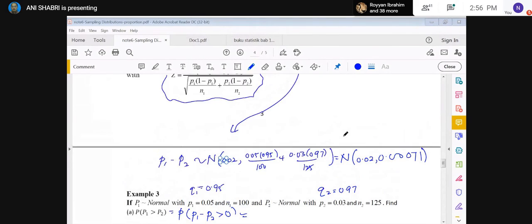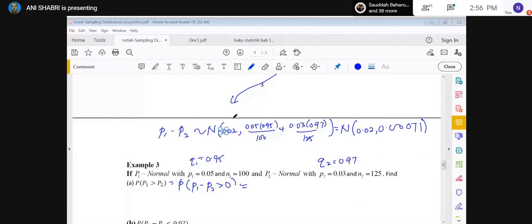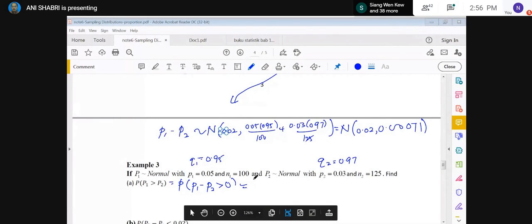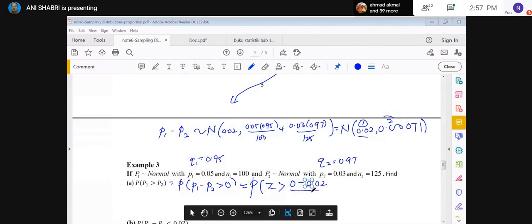Okay. Lepas tu we can using Z this one the formula for Z, the new Z. Okay, it is equal P Z greater than 0 minus, tengok yang ni okay, the number it is number 1, it is number 2, number 1 is 0.0 divided by number 2.